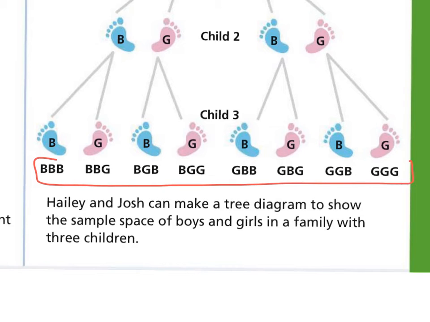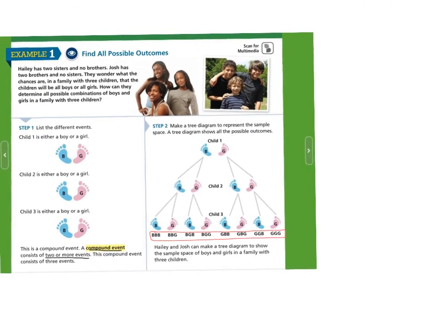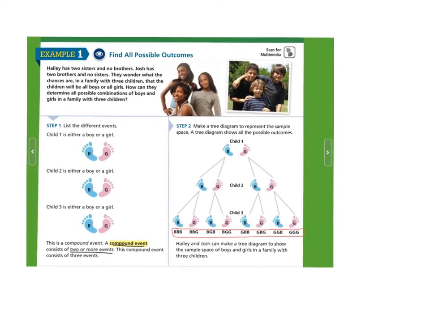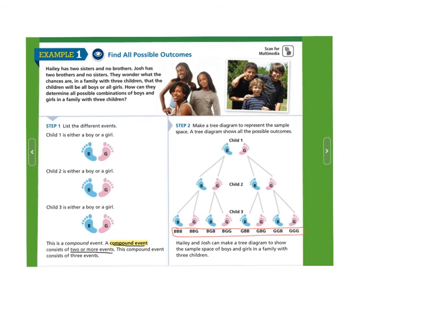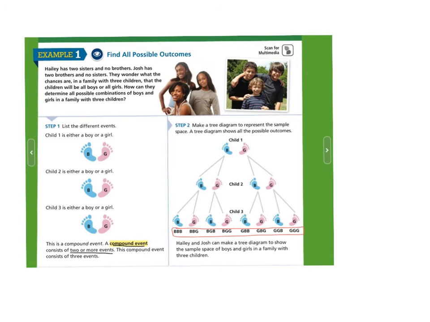So here's all the different routes that we could have on this tree diagram. And the question they were talking about was what the chances are that the children will be all boys or all girls.